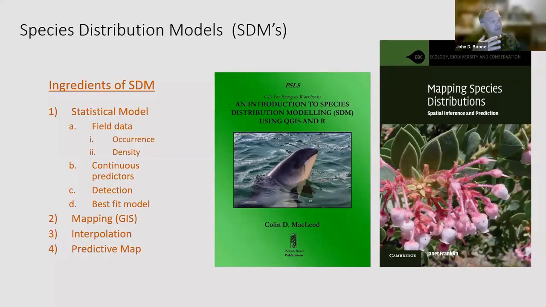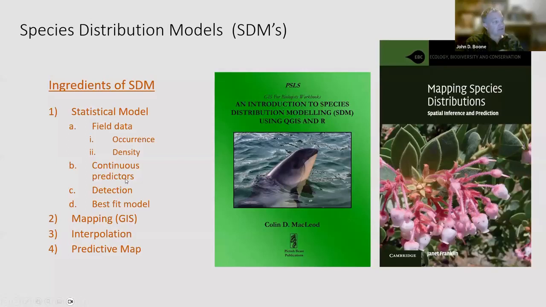Those counts can be expressed in terms of either occurrence, meaning is an animal of this species present or absent at a particular location, or they can be expressed in terms of the density of animals in a particular location.